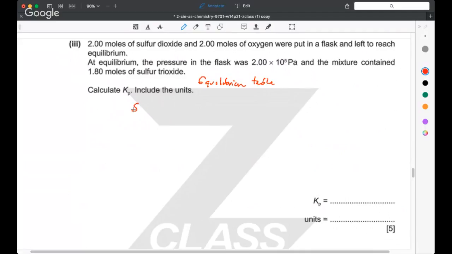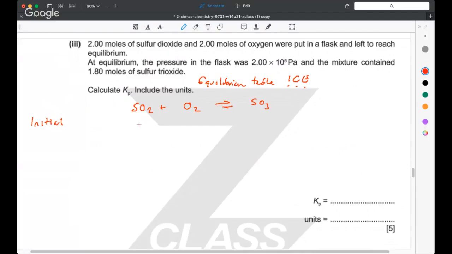First of all, this is the balanced chemical equation. With the equilibrium table, you've got a mnemonic of ICE, which means initial, change, and equilibrium. So you're looking at your initial amounts, that's the I in ICE. And the question stem tells you that.